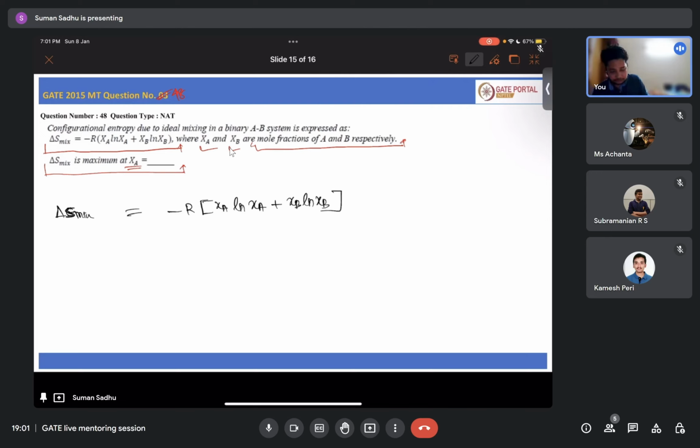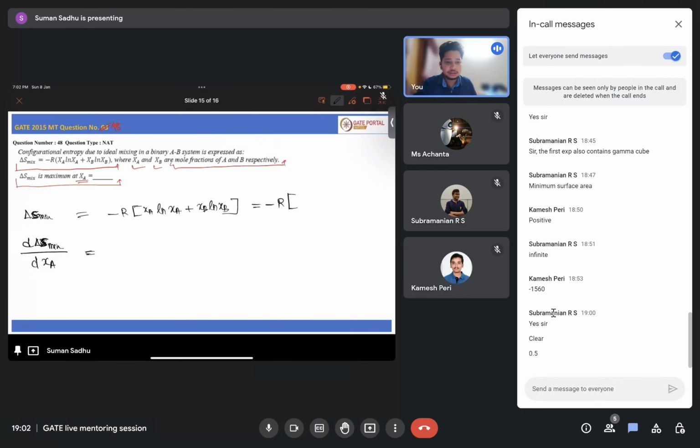So when delta S is maximum, you have to take the derivative with respect to XA, right? So you have to write this equation in terms of XA. By the way, all of you know the value, right? Yeah, 0.5.